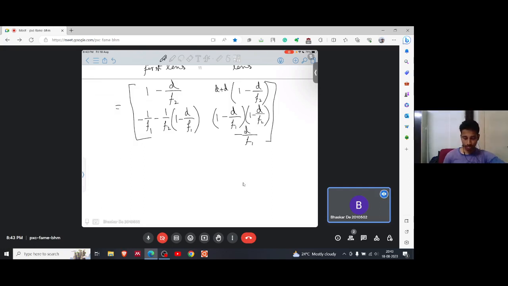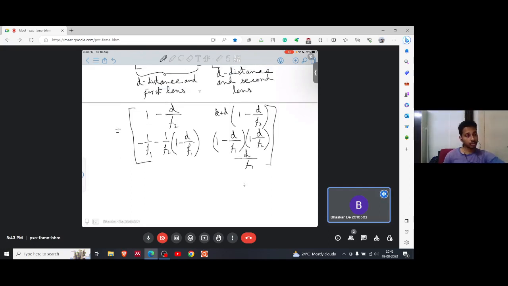So this is the matrix for one unit cell of the optical cavity.